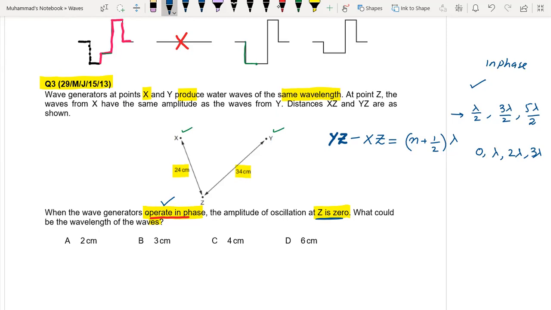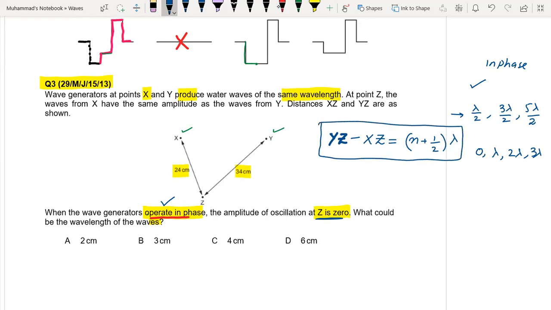Over here they are operating in phase. At point Z, the resultant amplitude is 0, so they must interfere destructively, and this is the general condition for destructive interference.